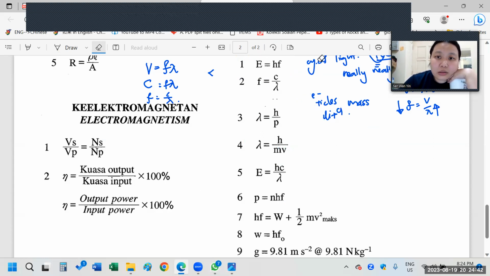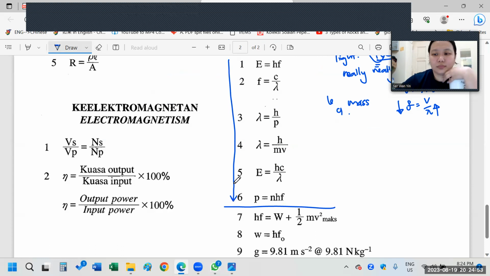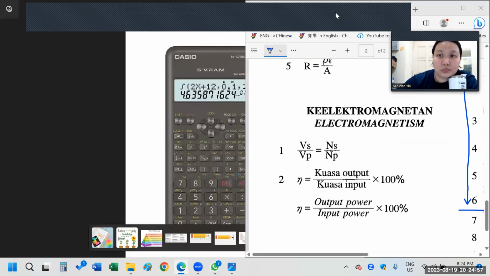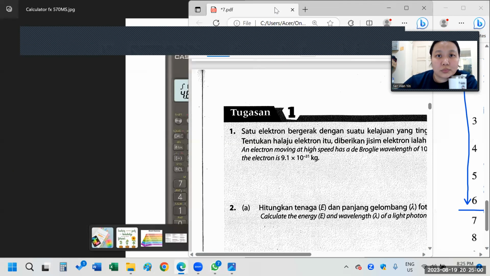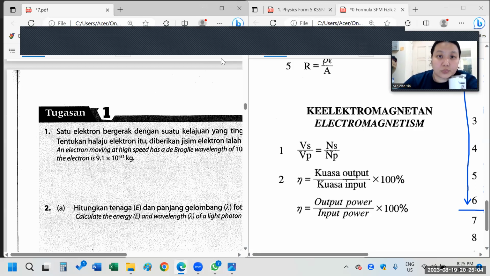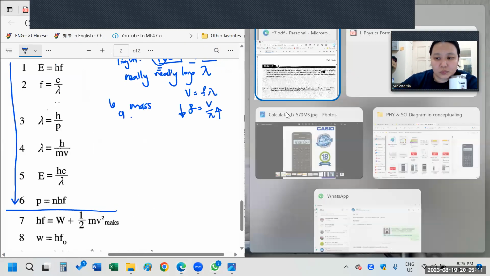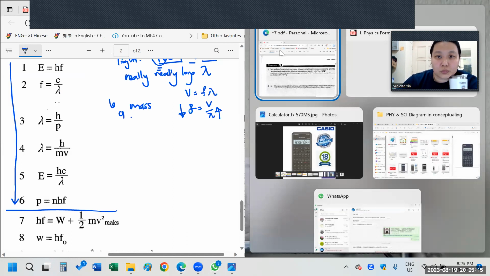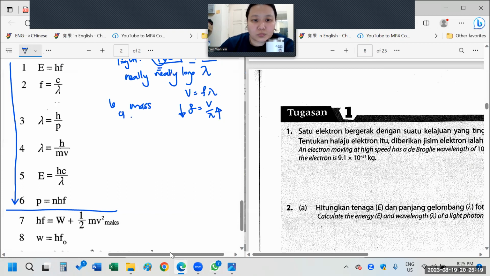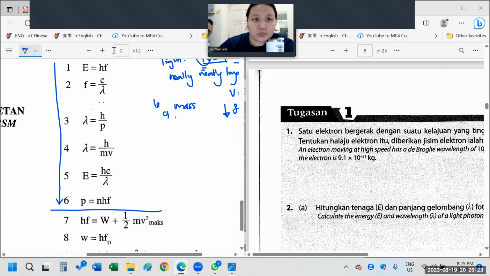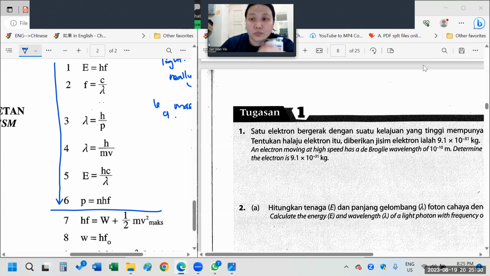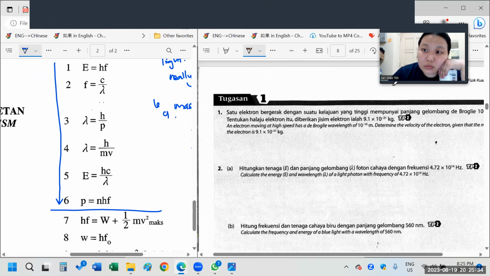So far, the formula we can use is 1 to 6 so far. Okay, so now this is tugasan 1.